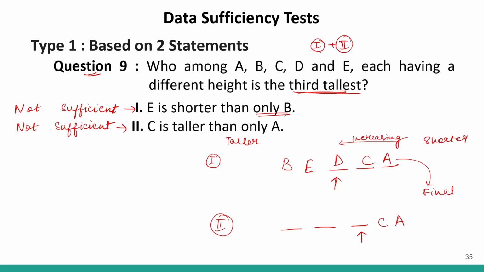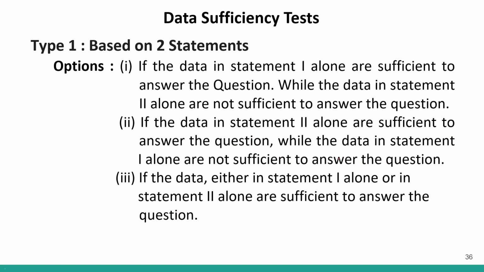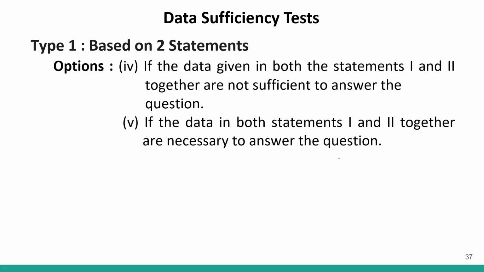So by combining statement 1 and 2, I can find the third tallest person, that is D. So my answer will be that data in both statements 1 and 2 together are necessary to answer the question. This will be my answer.